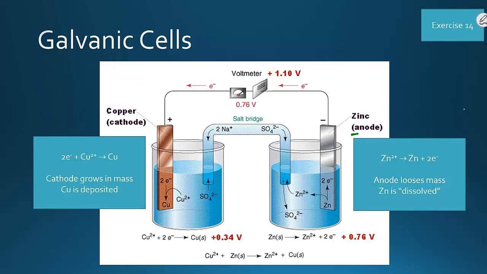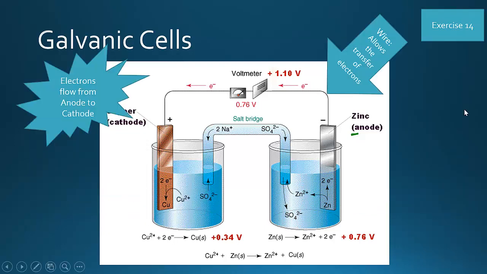As that copper cathode gains electrons, copper in solution becomes solid copper, and the mass of the cathode grows. Because the electrons always flow from the anode to the cathode. So you can remember it as fat cat. From anode to cathode. Electrons flow from the anode to the cathode.